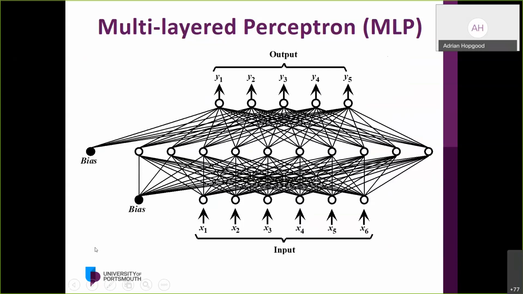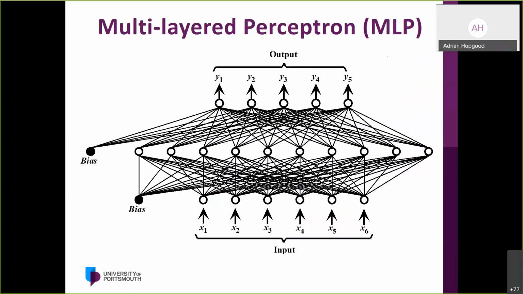But the key point here is that you've got this set of simple neurons connected together. In this multi-layered perceptron, there's a set of 6 input neurons, and all they do is send their output through to the first set of processing neurons.